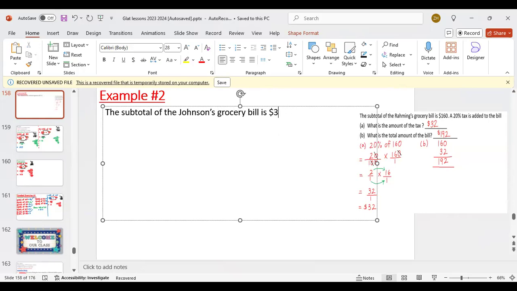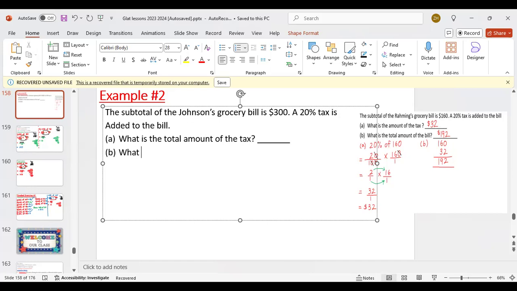No, let's do $300. A 20% tax is added to the bill. Part A, what is the total amount of the tax? And B was, what is the total amount of the bill?